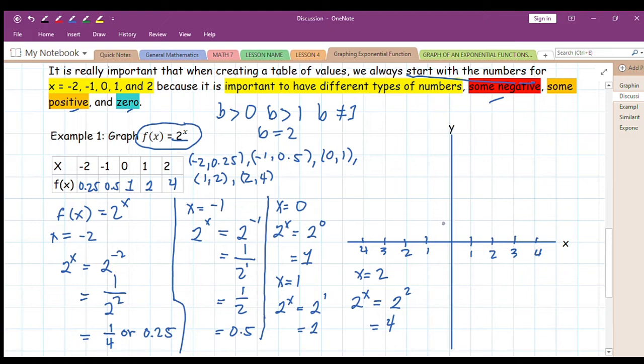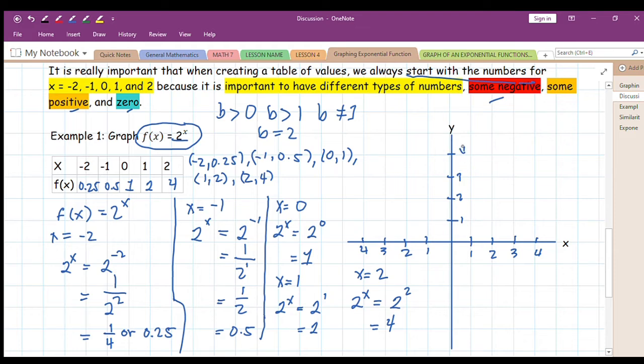Para makuha natin yung gusto nating behavior ng graph, it is also important to have an equal division in creating the numbers in the Cartesian plane. Dapat meron tayong equal division of that gap. Ano po, etong space natin dito. So we have 1, 2, 3.